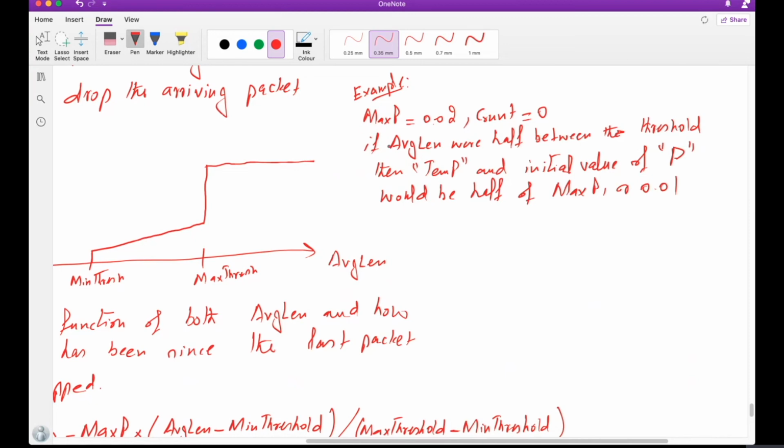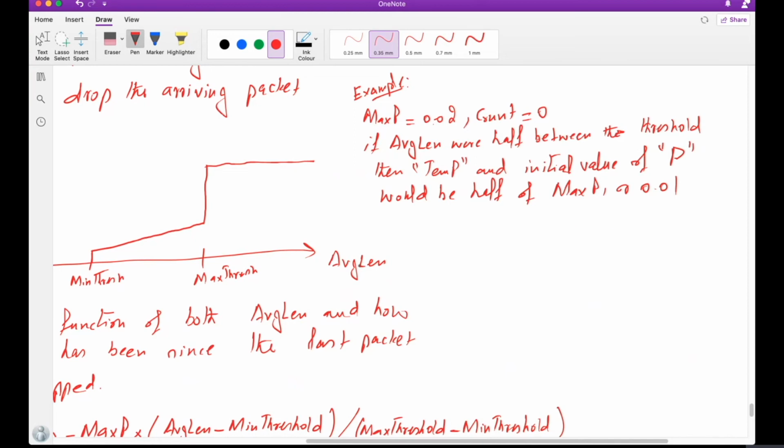So what's the scenario? We have a scenario where max P is 0.02, the count is 0, and the average length is between the two thresholds. Then the initial value of P is half of max P, or 0.01.